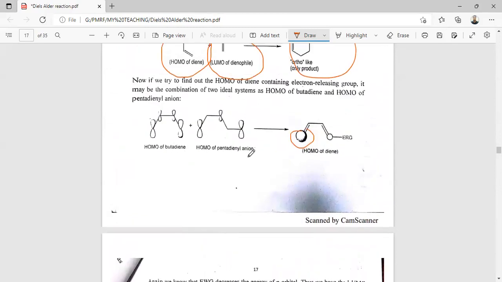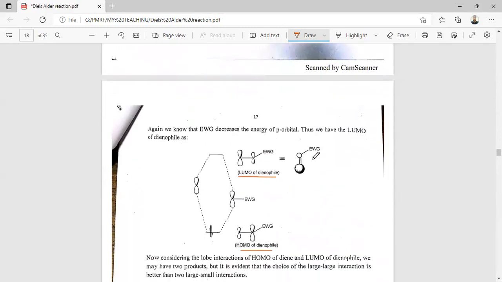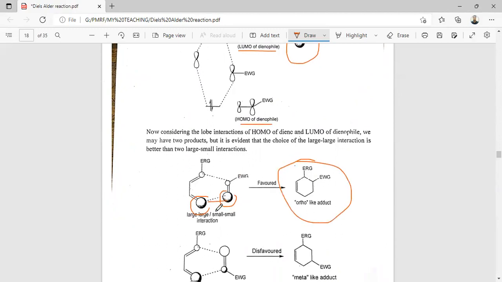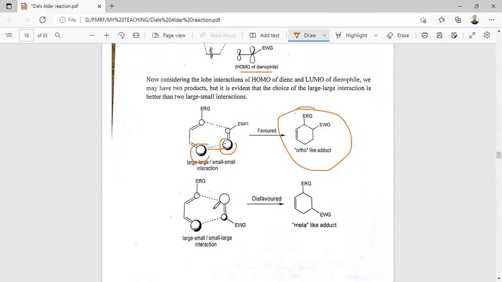Here the largest contribution is on this orbital, and a small contribution on this orbital. So these two large interactions are favored, and that will give the ortho-like product. The large-small interaction is disfavored, so the meta-like product is not formed; the ortho-like product is formed.